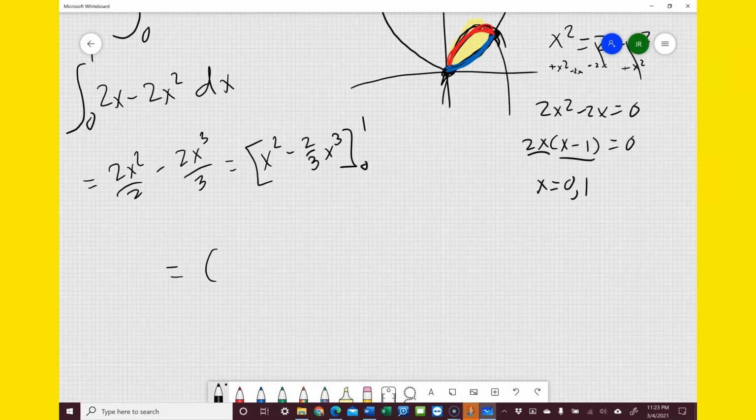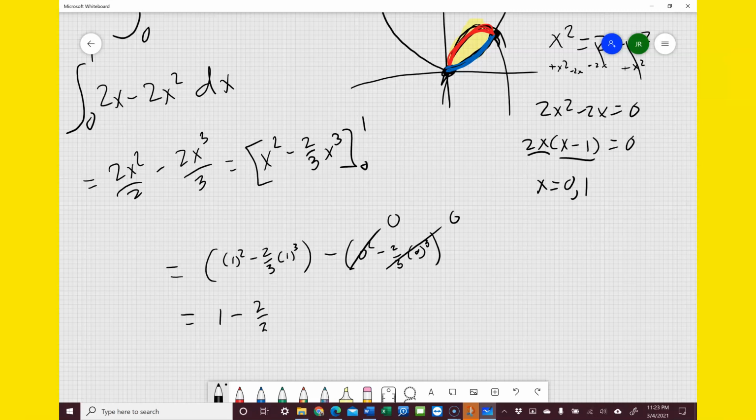That's going to be 1 squared minus 2/3 times 1 cubed, minus 0 squared minus 2/3 times 0 cubed. That term is 0. This is just going to be 1 minus 2/3, which is 1/3. The area, that area right there, is 1/3 square units. That's it.